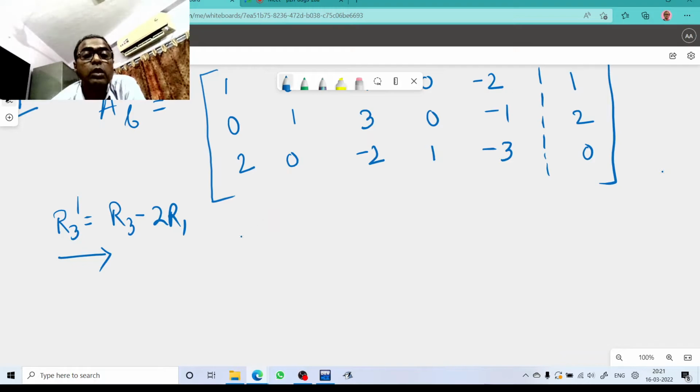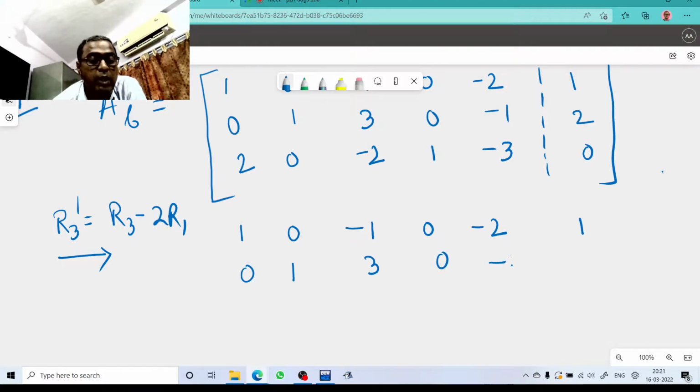Using this operation, we get 1, 0, minus 1, 0, minus 2, 1, then 0, 1, 3, 0, minus 1, 2, and only the third row changes: 0, 0, 0, 1, 1, minus 2.